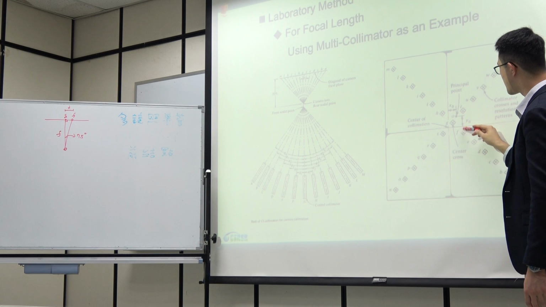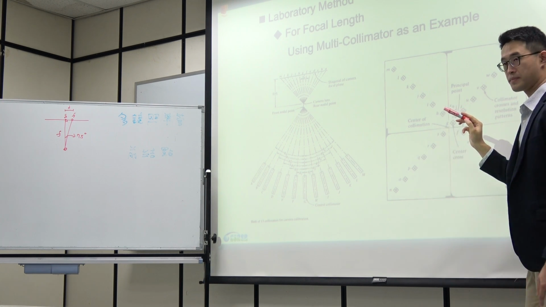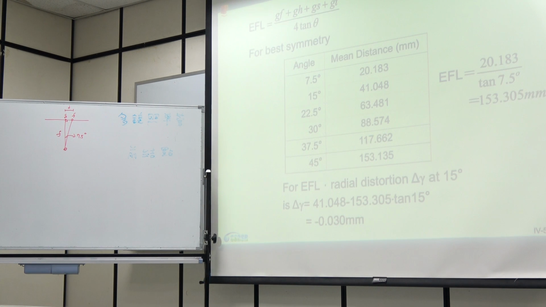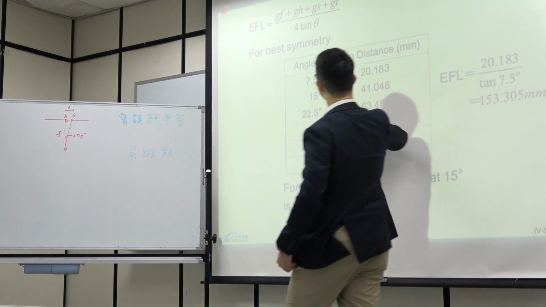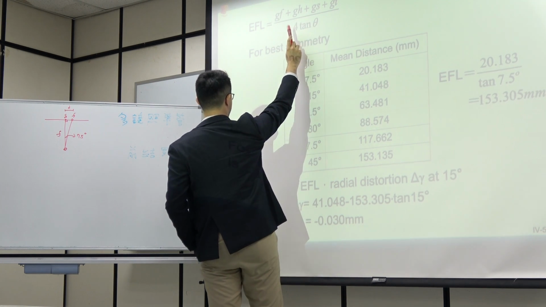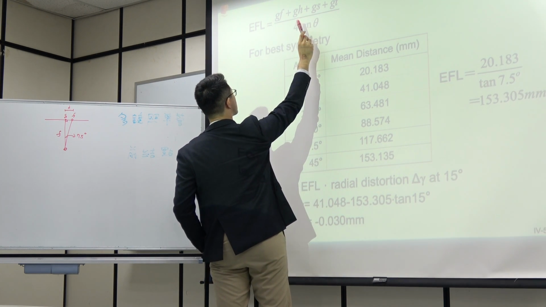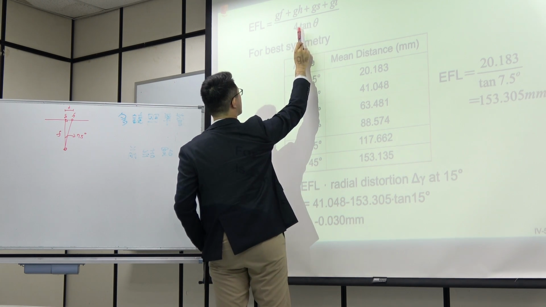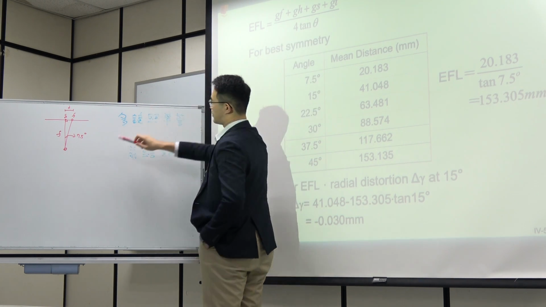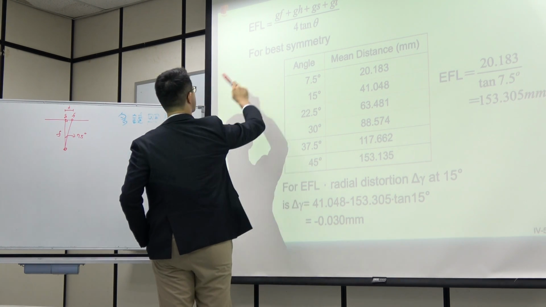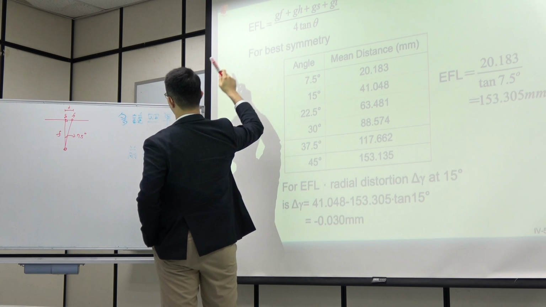We take the average of these distances: sum the four distances and divide by 4, and that's the average distance. After we have the average distance, we divide it by tangent theta, which is 7.5 degrees. In this case, you can calculate your EFL.